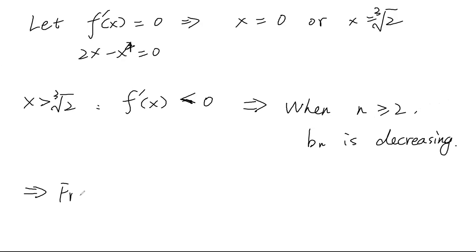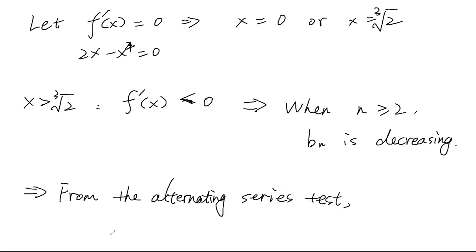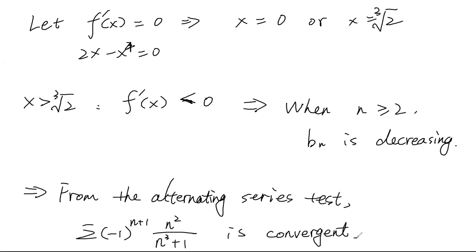So from the alternating series test, this series, -1 to the n plus 1 power multiplied by n squared divided by n cubed plus 1, is convergent. Any questions?